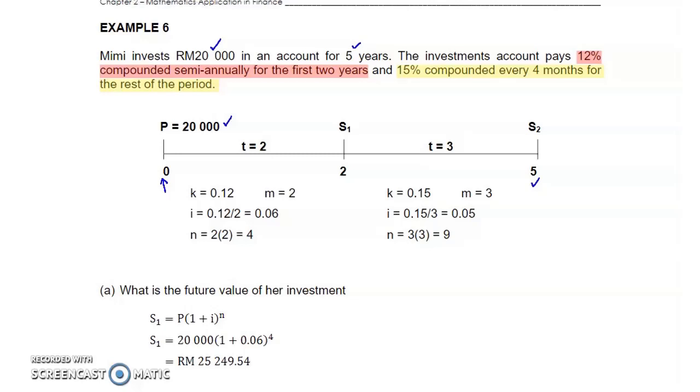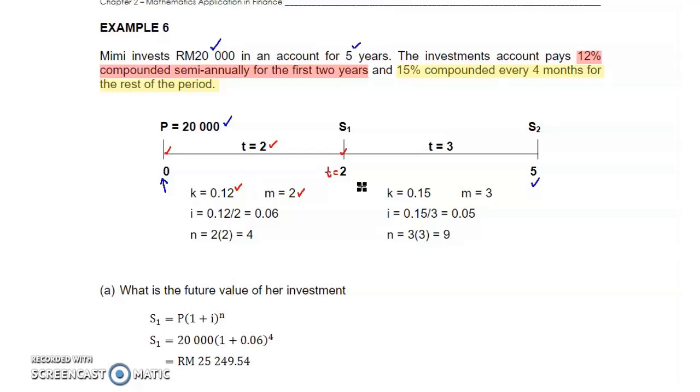From the start here until here, let's say I put t equal to 2. So within this time period, within these 2 years, the rate is 12% compounded semi-annually. So semi-annually, m equal to 2, and the rate is 0.12, value k.